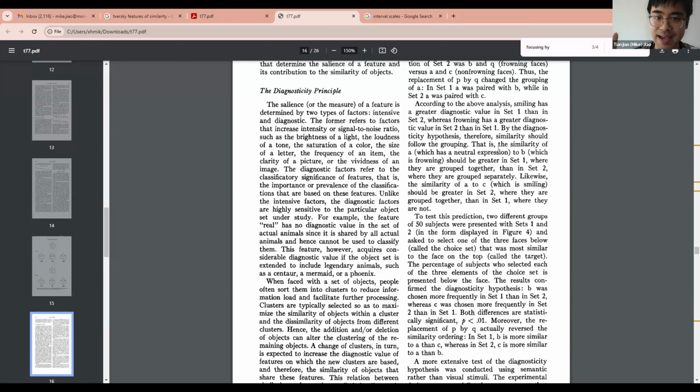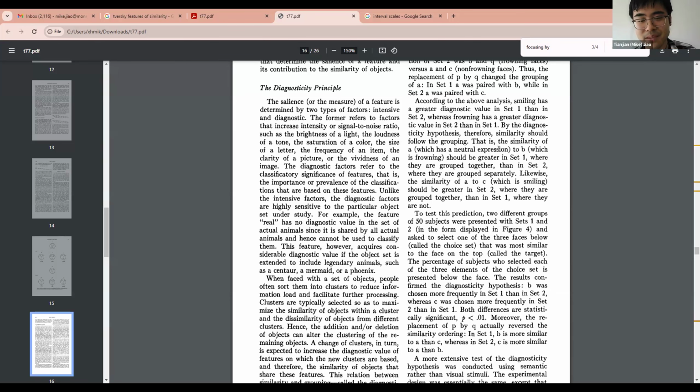The other aspect is the diagnostic principle, the diagnosticity. What does that mean? So imagine, once again, we are comparing nations, right? But instead of just looking at pairs, we're looking at a set of, let's say, 8 different pairs.